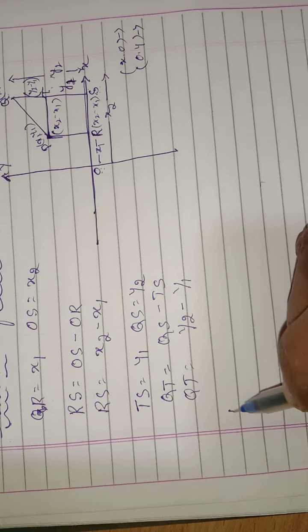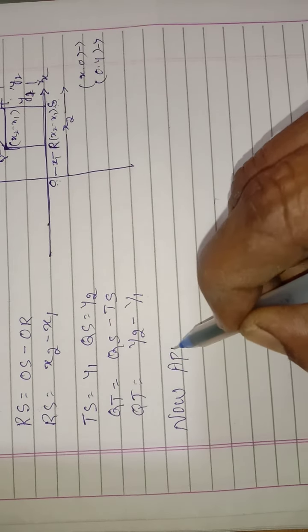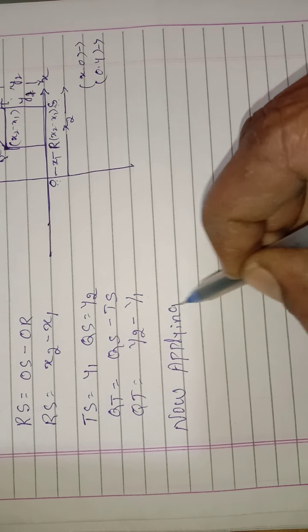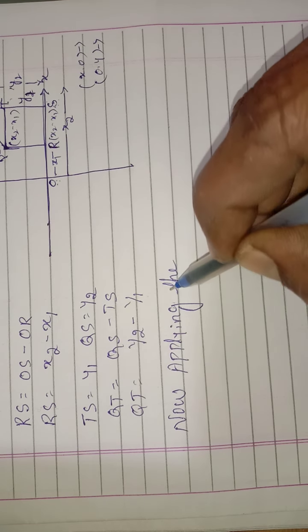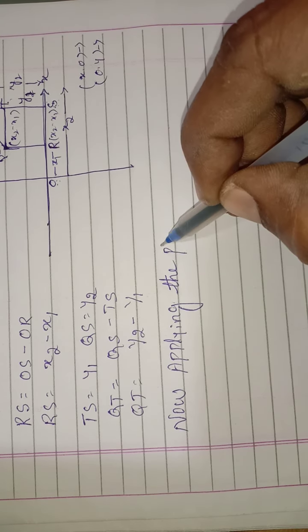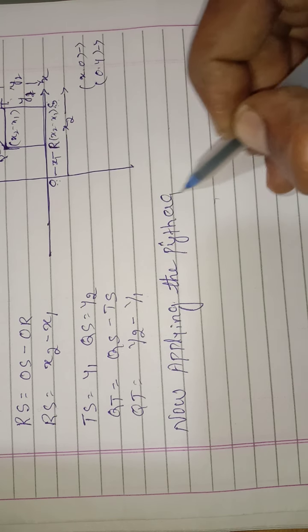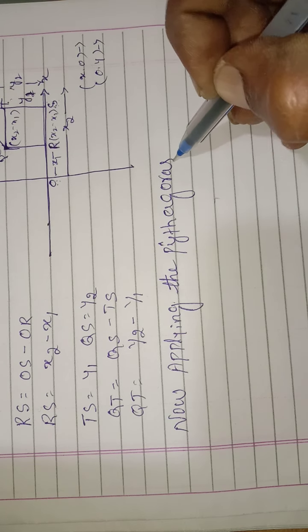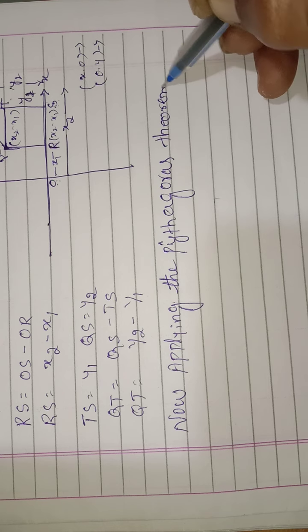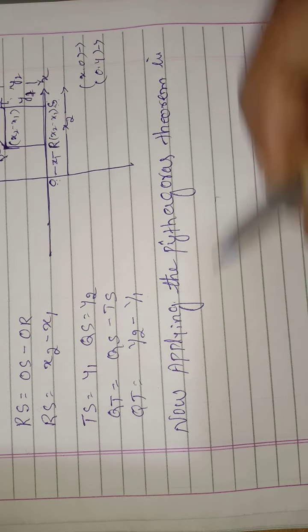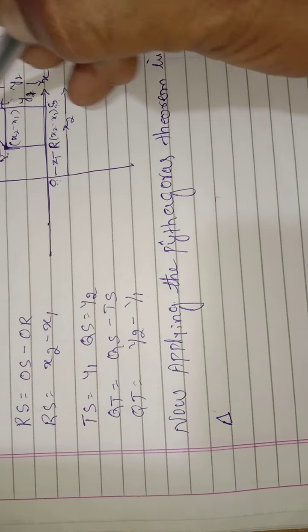Applying the Pythagoras theorem in triangle PTQ, where T is the right angle of 90 degrees.